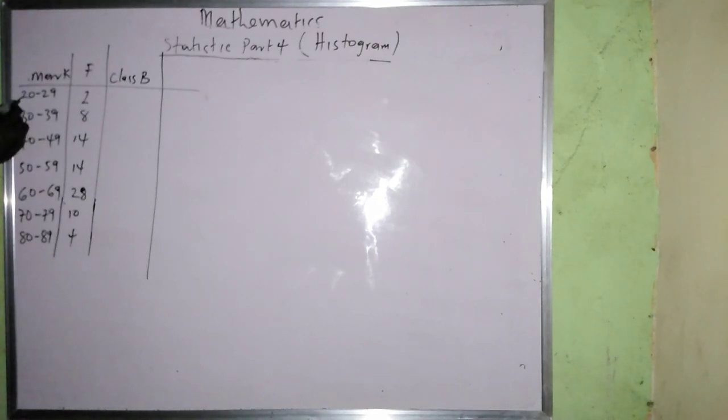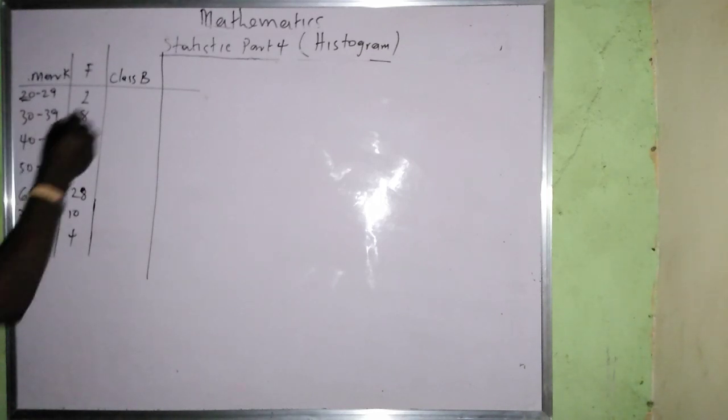How do I get my class boundary? I will minus 0.5 from the lower class limit and add 0.5 to the upper class limit.